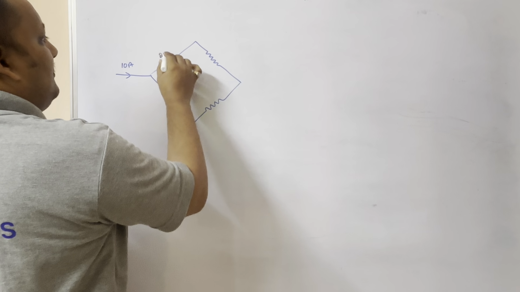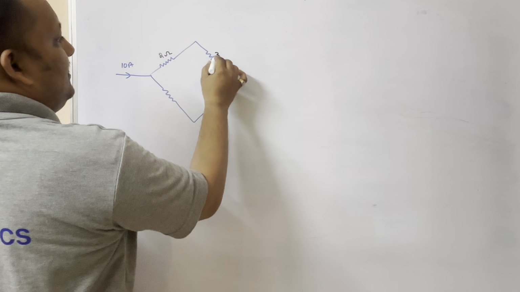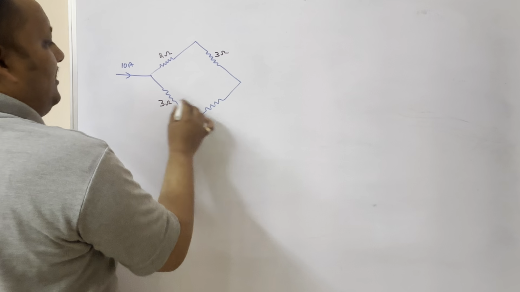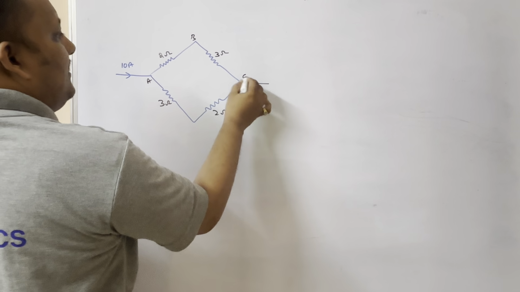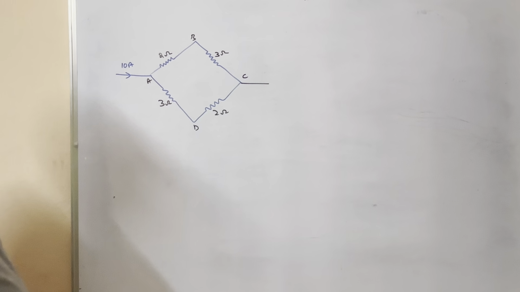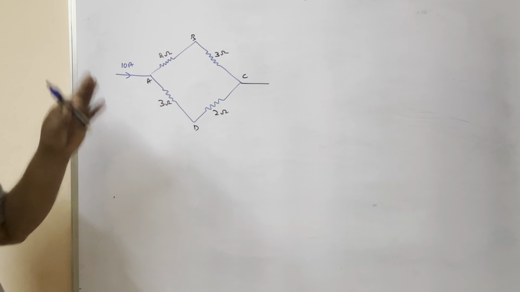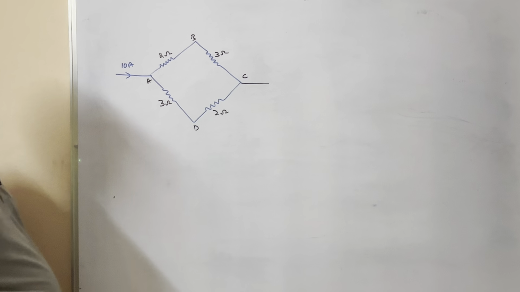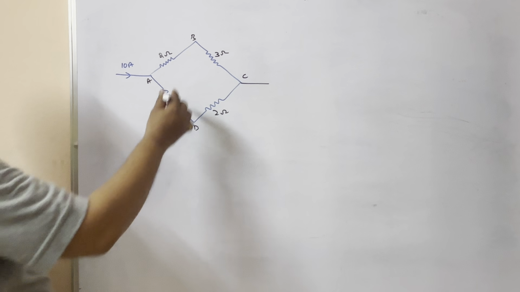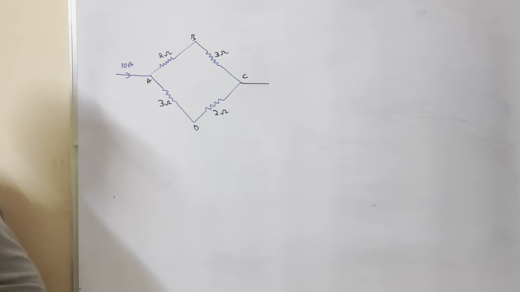This is 2 ohms, this is 3 ohms, 3 ohms, 2 ohms. A, B, C, D. So they will ask to find the potential difference between B and D. Then we will see how we can solve this model. Potential difference between B and D.